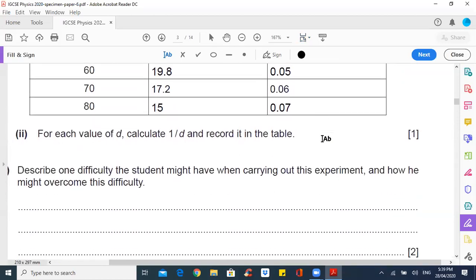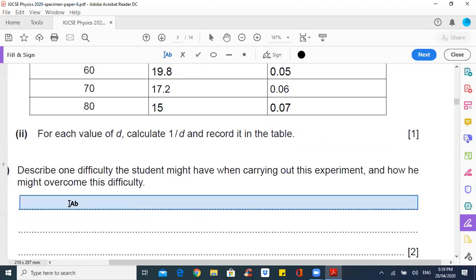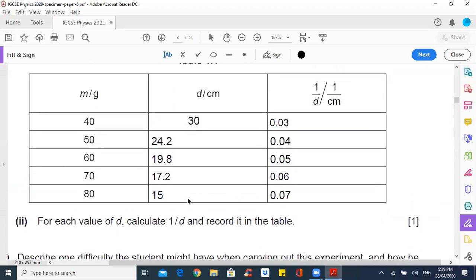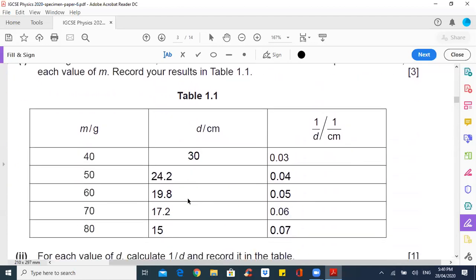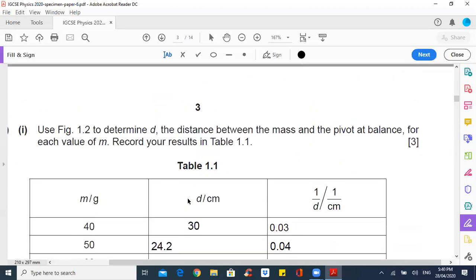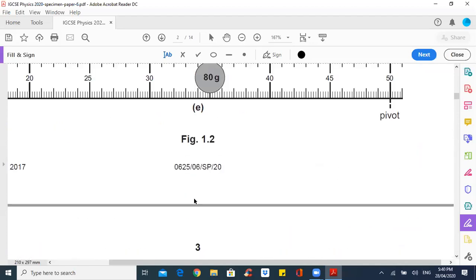Right, they said for each of the values, calculate 1 over d and record it in the table, which we just did. So they said describe one difficulty the student might have when carrying out this experiment and how he might overcome this difficulty. So what is one of the difficulties he would encounter if he tried to balance his beam?